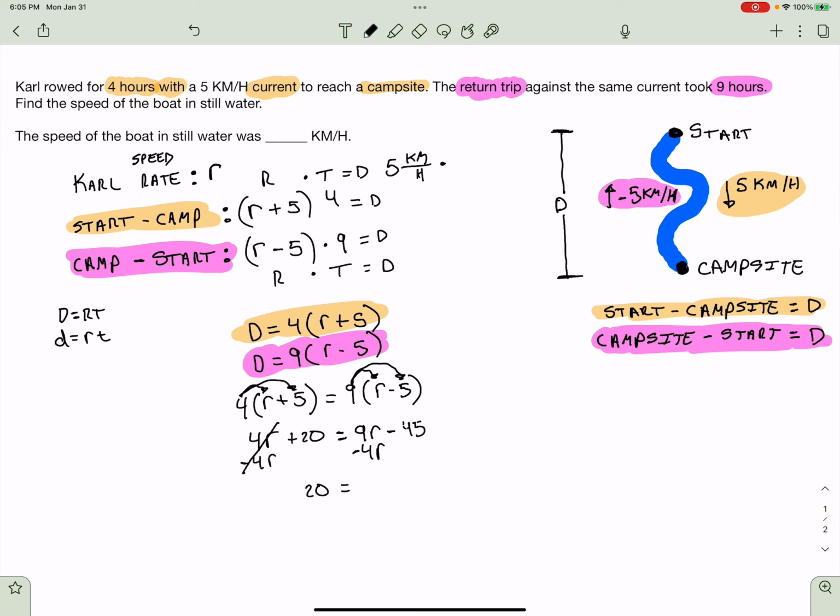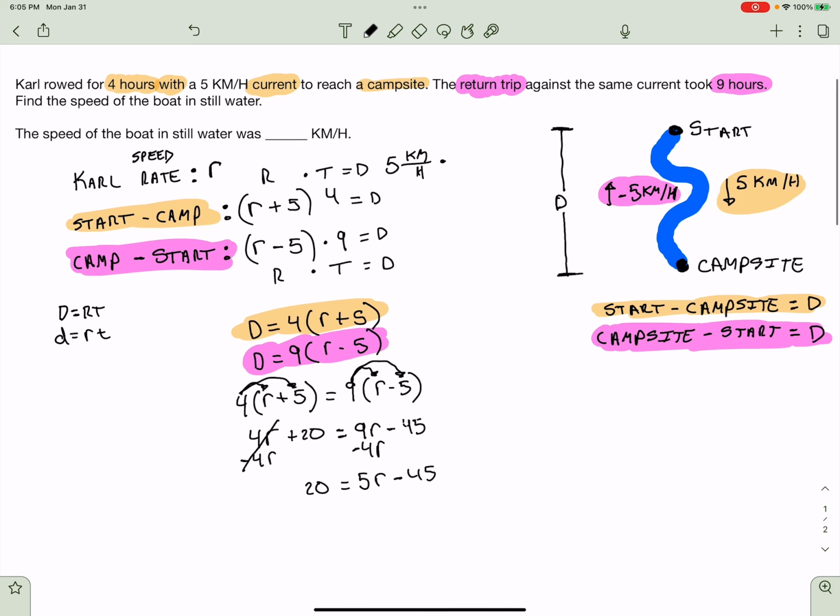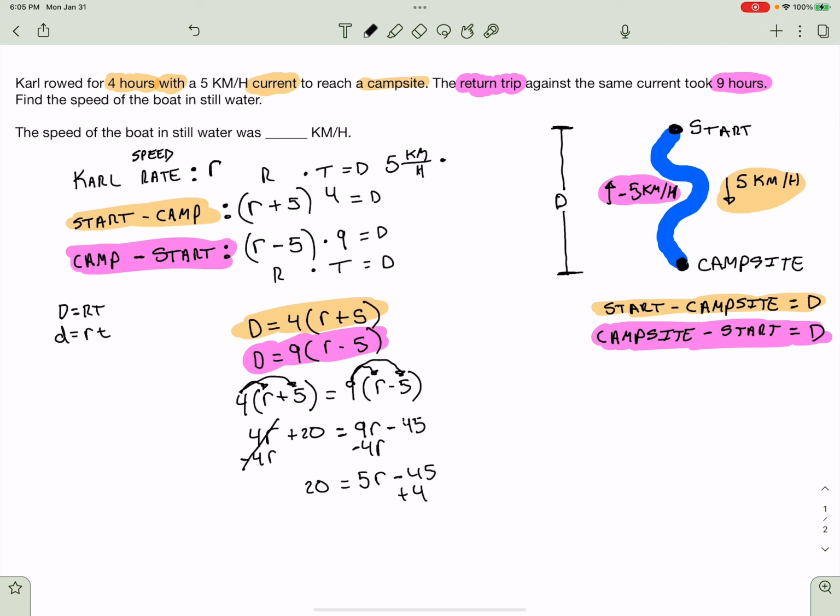On the other side, we have 9r minus 4r, which gives us 5r, minus 45. We almost have r by itself. So we're going to add 45 and add 45. And that will give us 0 here. And over here on the other side, it gives us 65 equals 5r.